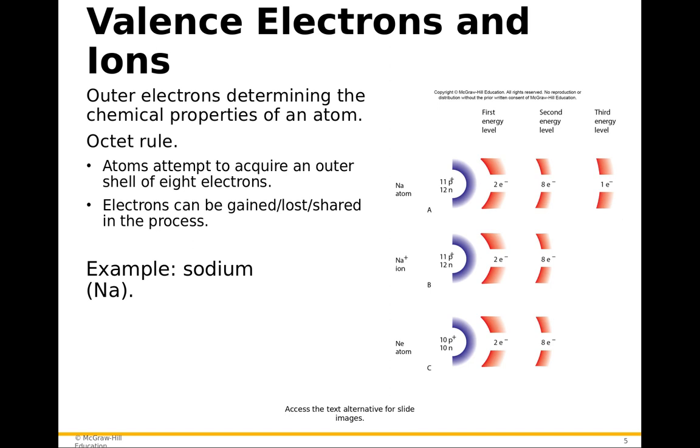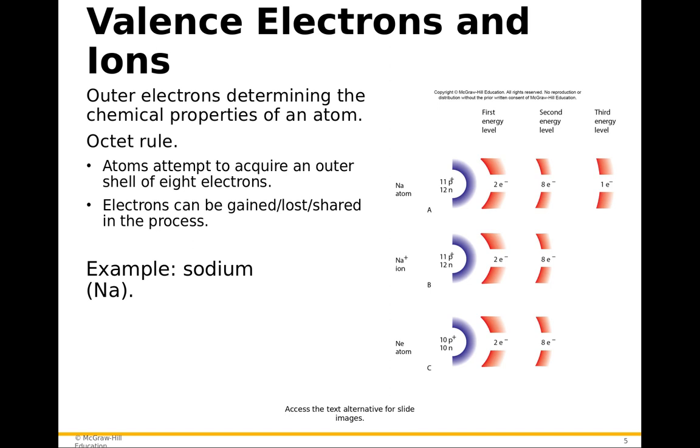The outer electrons determine the chemical properties of an atom, and we have what we call the octet rule. The octet rule tells us that atoms have a tendency to acquire an outer shell of 8 electrons. Whenever that outer shell is full of 8, it's stable, just like the noble gases.